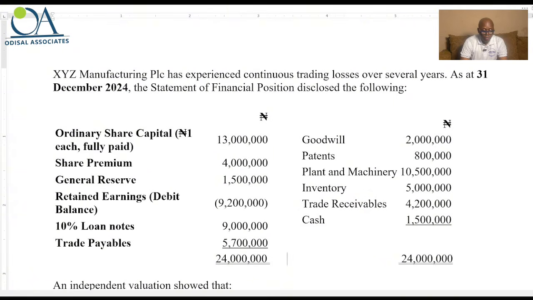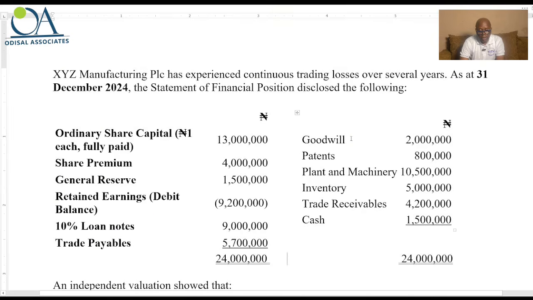Ordinary share capital of 1 naira each, fully paid, 13 million. Share premium 4 million. General reserve 1.5 million. Retained earnings debit balance 9.2 million. 10% loan notes 9 million. Trade payables 5.7 million. Total equity plus liability 24 million.